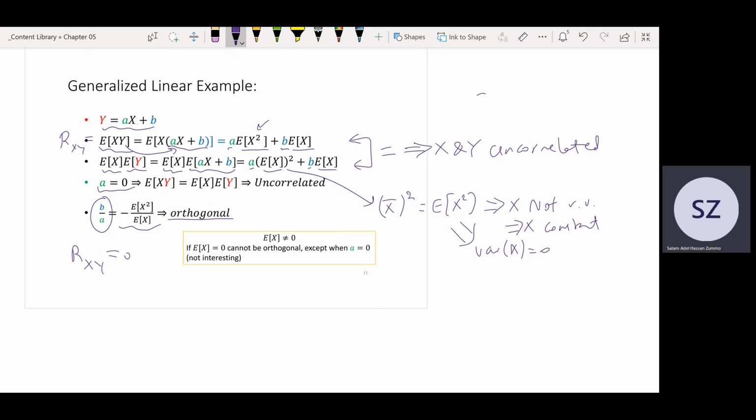Of course, you require from here that expected value of x not be equal to 0, otherwise everything will go. Any questions, guys?